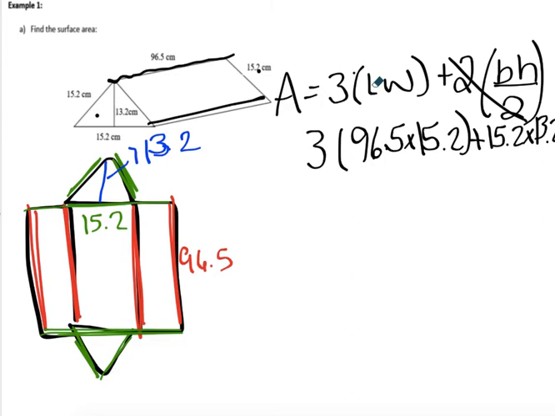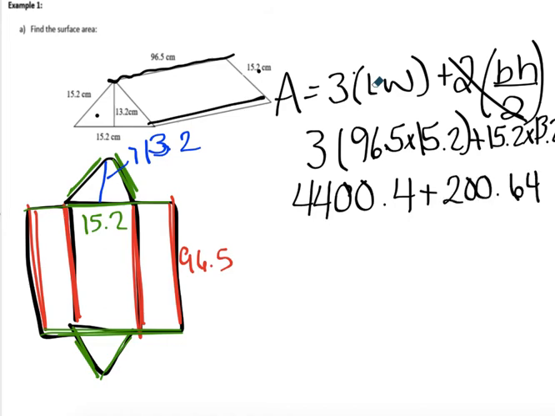If I multiply these out, 3 times 96.5 times 15.2 gives me 4,400.4, plus 15.2 times 13.2, which gives me 200.64. If I add those 2 together, I get a total surface area of 4,601.04.